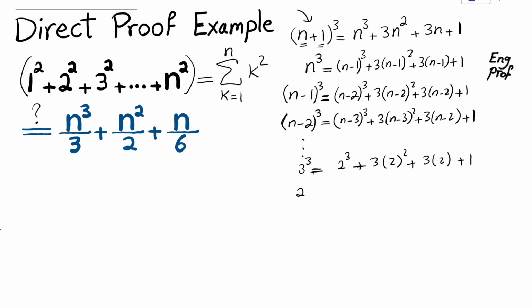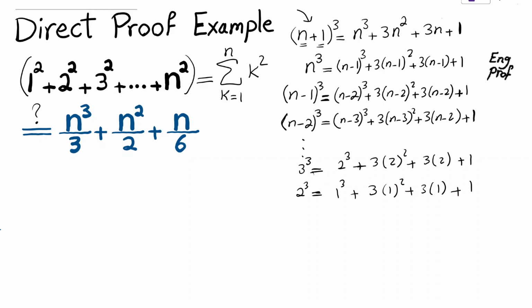And you can also do this for 2 to the power 3, which you can write as 1 plus 1 to the power 3. And these are the two terms again. So naturally, you can write it in the form of 1 cubed plus 3 times 1 squared plus 3 times 1 plus 1. So what is the game we are playing here?